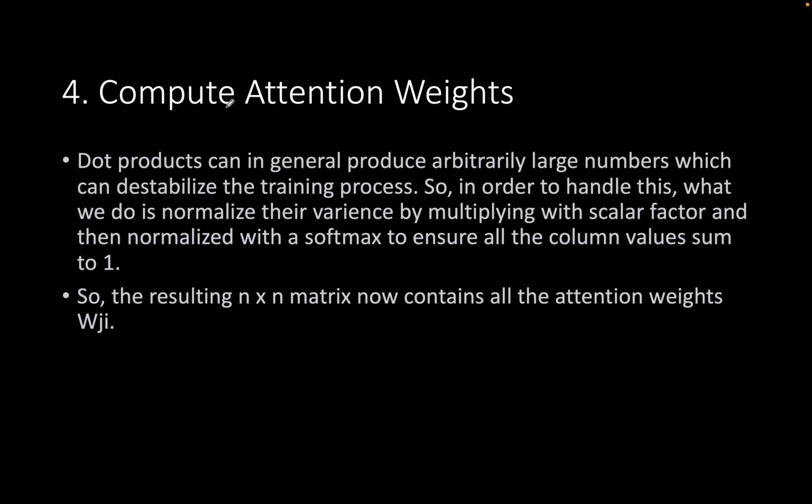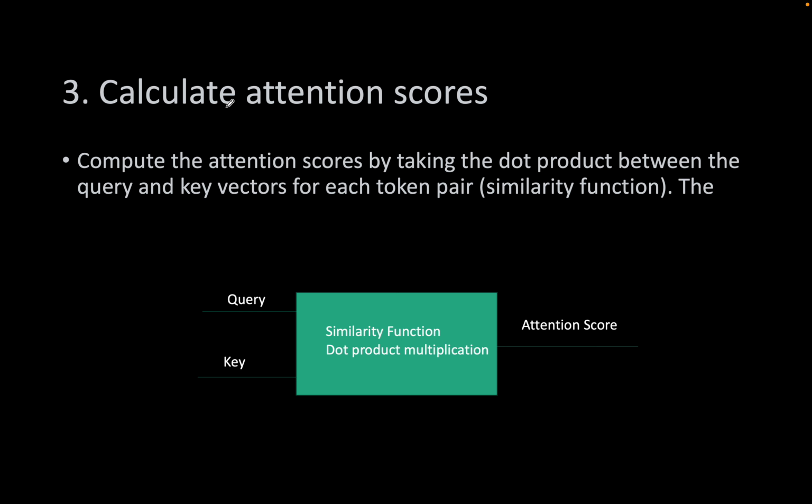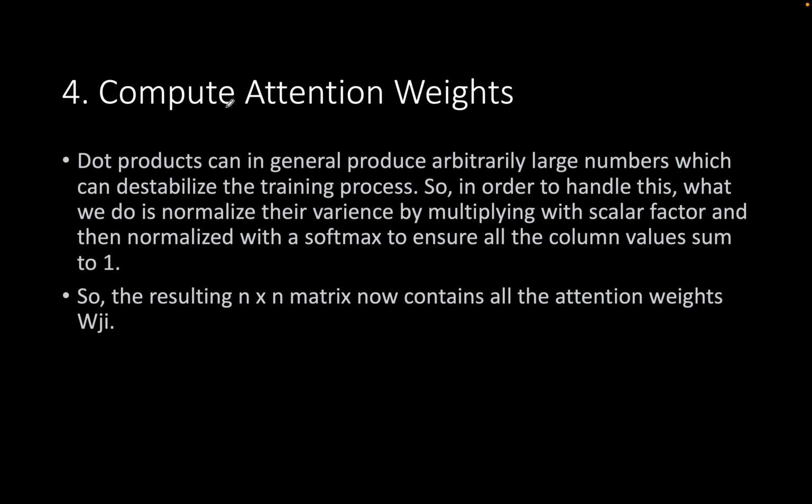After calculating the attention score, the dot product multiplication in general produces arbitrarily large numbers, which can destabilize the training process.